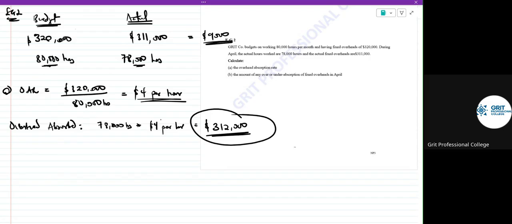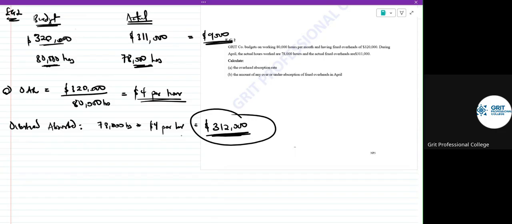That is what it means. And so the 320,000 you are seeing here was because we thought we were going to work 80,000 hours. So if you knew this was exactly what you were going to work, then this should have been the cost. So we are trying to correct things here.